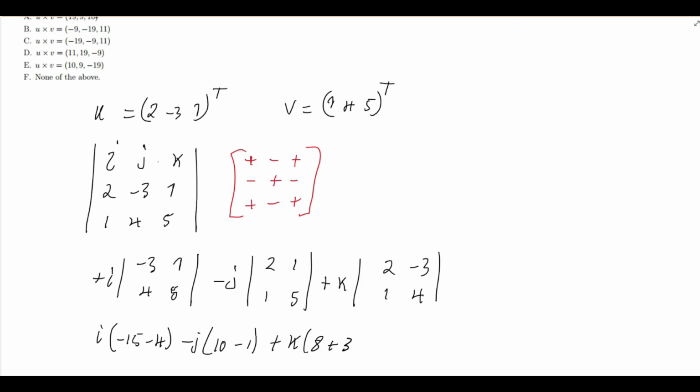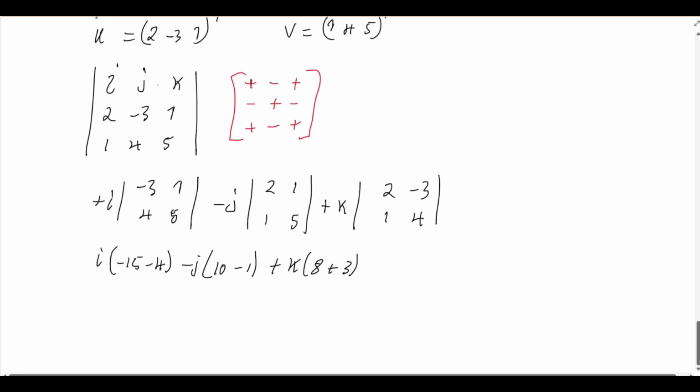Further simplifying, this will give us negative 19i, this will give us minus 9j, plus 11k.